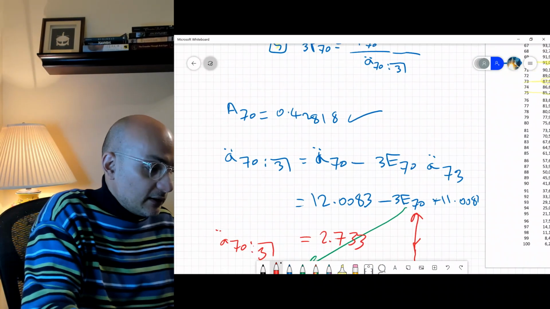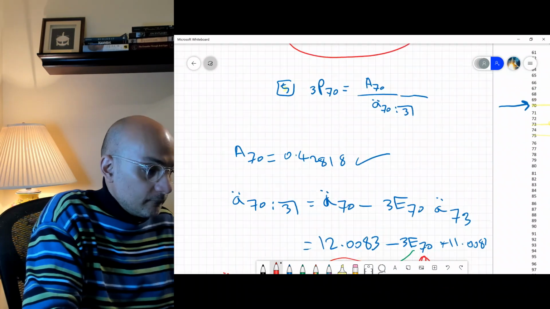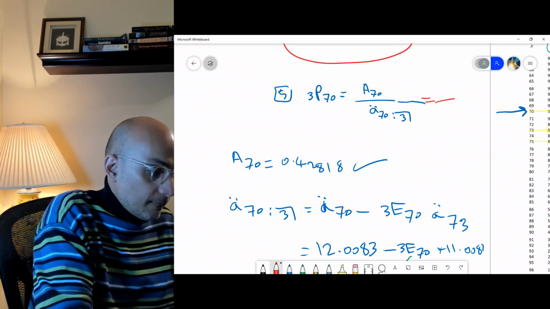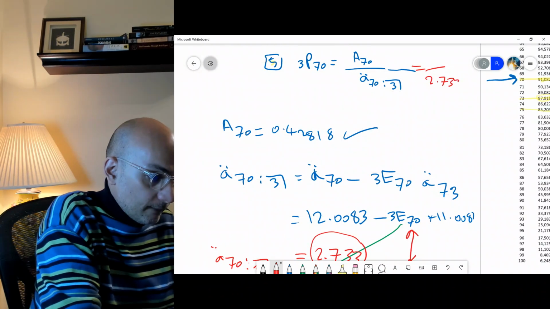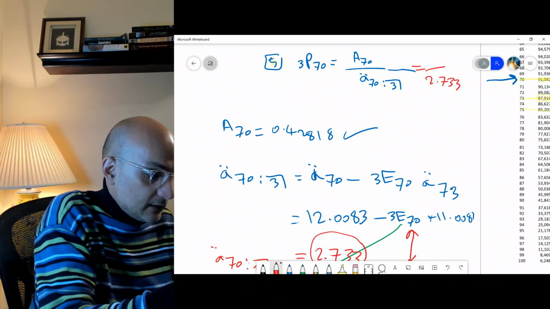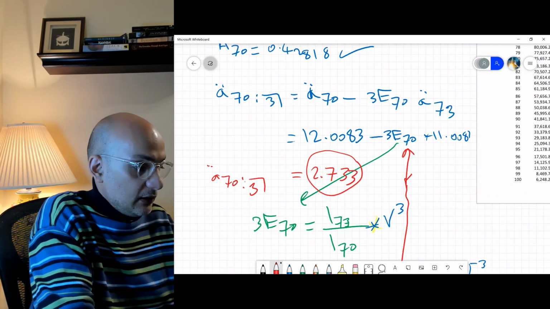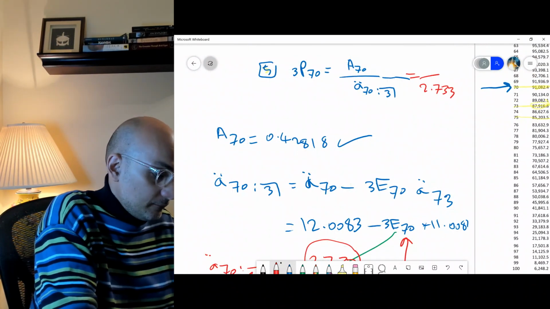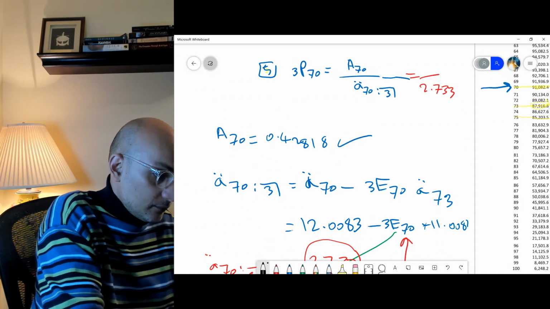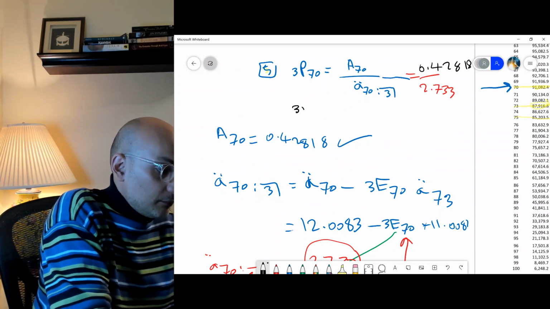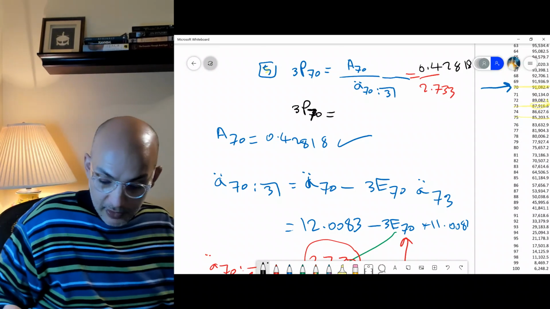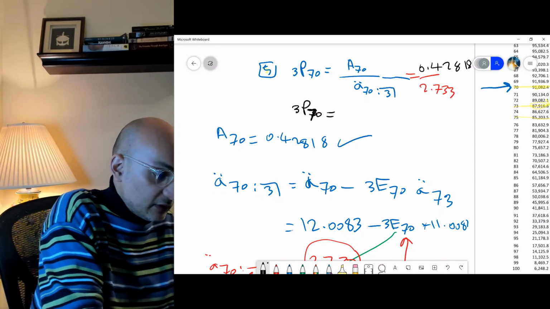Now you get back this one. And now we have the A70 already, we found it. Then 3P70 will be, after you divide them, 0.156.